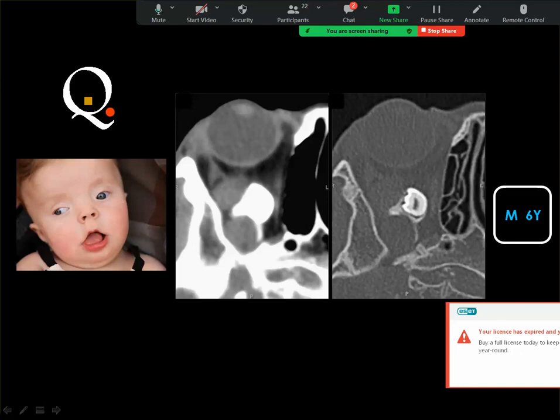Then this is a child, 6 years old. This is a difficult case, of course. You got the CT scan of the orbit, the soft tissue and the bone window.